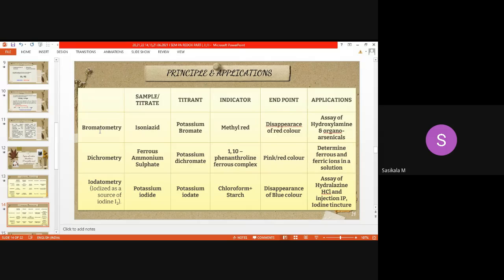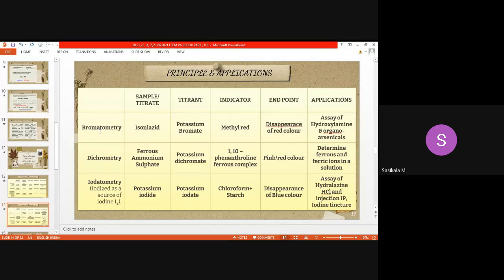Here potassium bromate will interact with the acid, hydrochloric acid, and it will be releasing potassium chloride. And excess hydrochloric acid will be interacting with potassium bromate, so only methyl red is used as indicator.